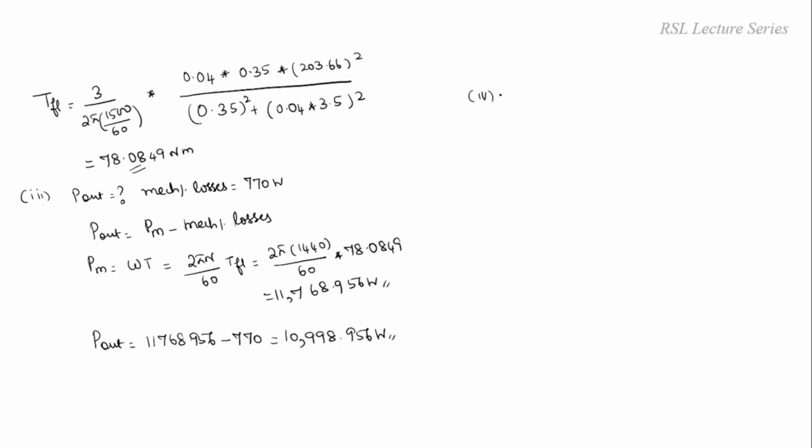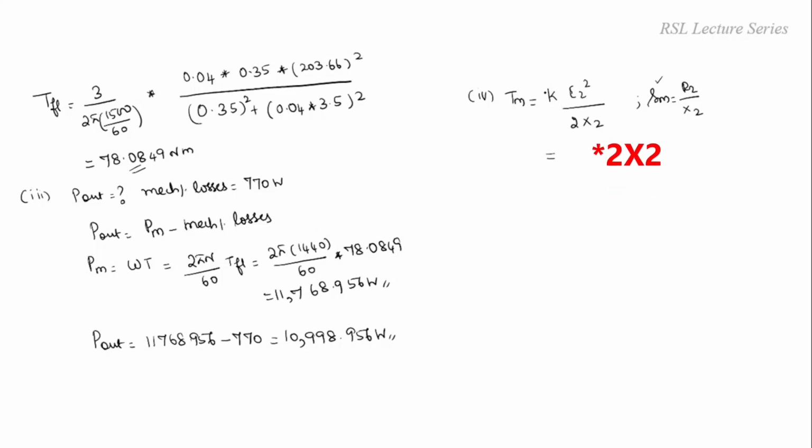Next we have to find the maximum torque. The formula for maximum torque is K into E2 square divided by 2 into X2. Under this condition, the slip corresponding to maximum torque will be R2 by X2. So in the general torque formula, we substitute SM as R2 by X2. On simplification, we will get K into E2 square by X2 square.